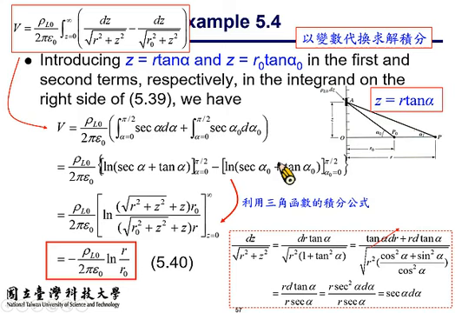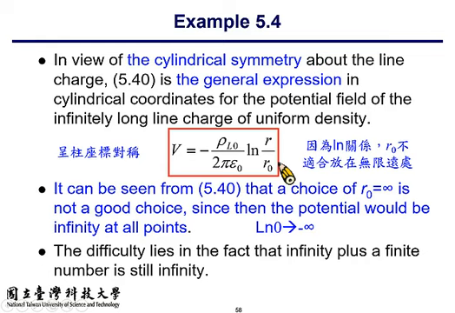And here's the problem. If you place r sub 0 at infinity, so you end up with a very large number, then this thing becomes log of 0. And for the logarithmic function, there's no definition for log of 0. So it becomes illegal. So that's the reason why you cannot place r sub 0, the zero potential reference, at infinity.